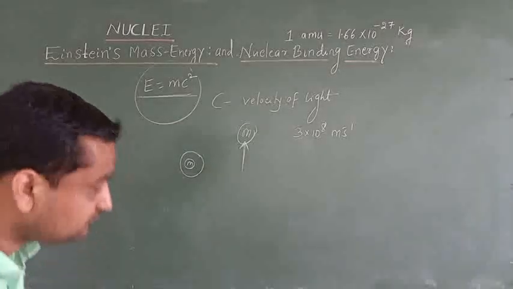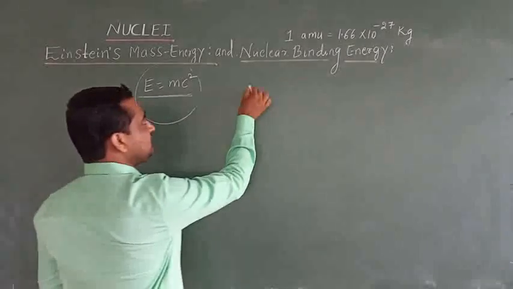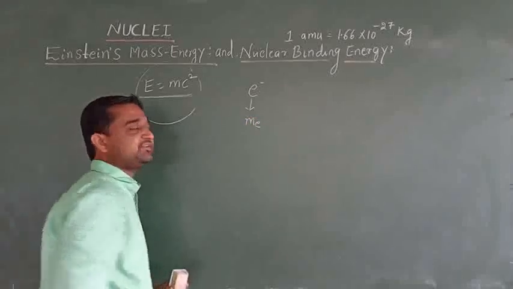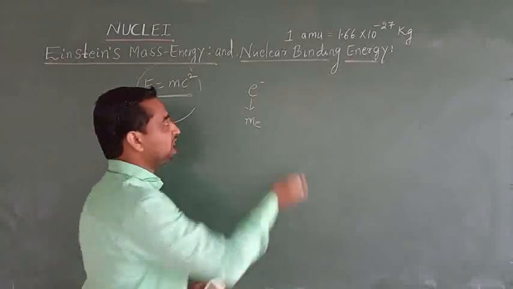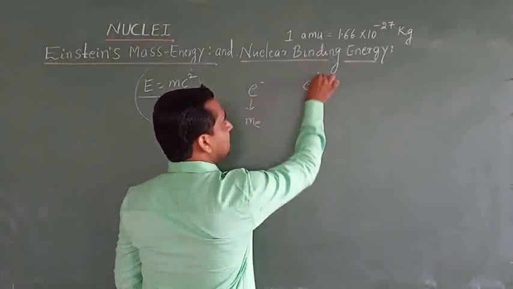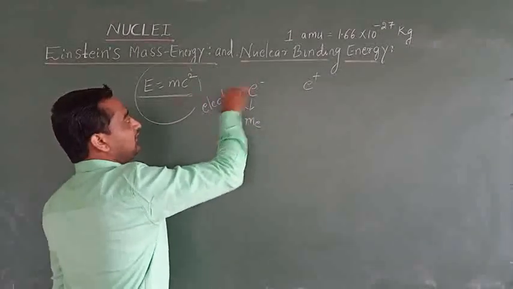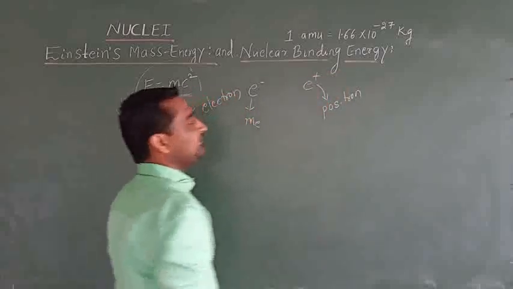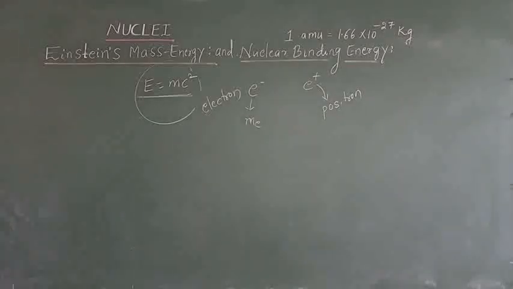For example, every particle has its antiparticle. We have the electron, which has a certain mass m. The antiparticle of the electron is the positron. e minus is the electron and e plus is the positron.